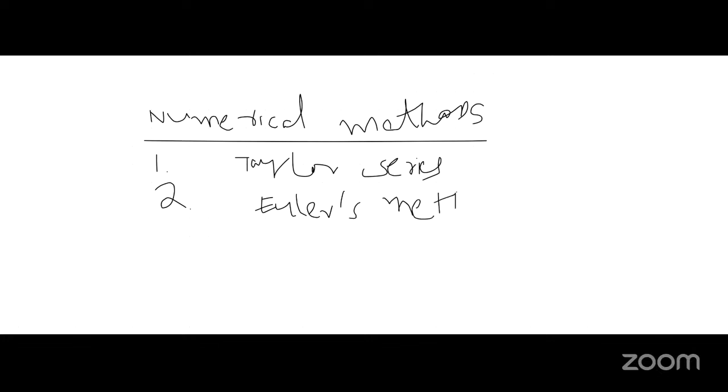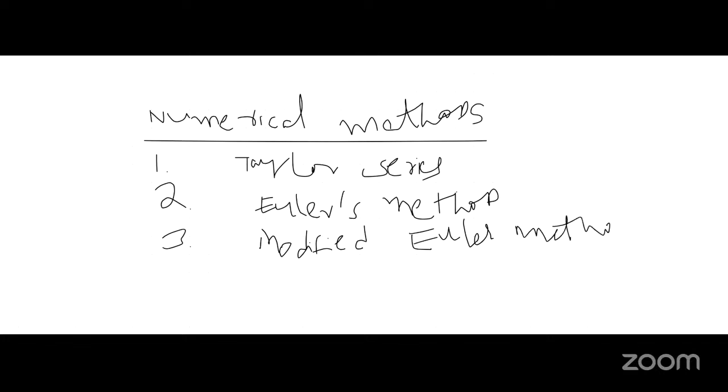and the third one is the modified Euler's method, and the fourth one is the Runge-Kutta method.